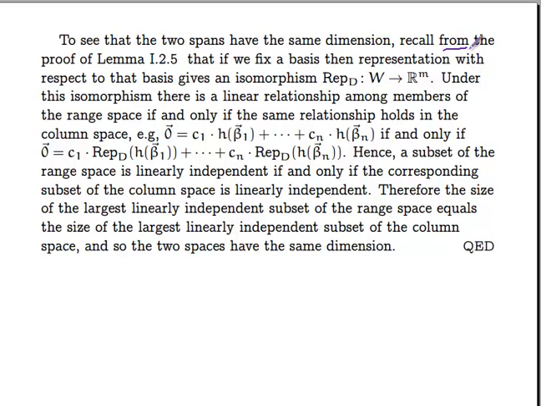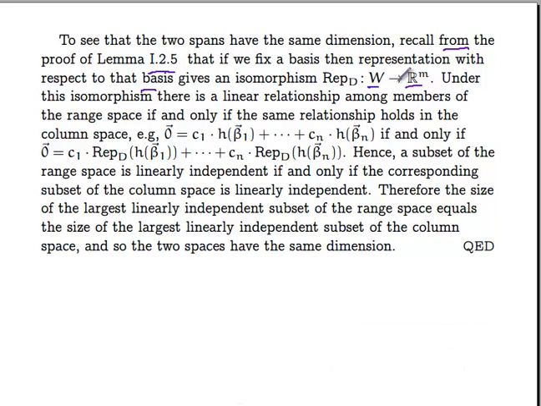From the proof of the lemma, if we fix a basis, then representation with respect to that basis gives an isomorphism. That's the standard way of finding an isomorphism between a vector space and Rm, where m is the dimension of the vector space. Under this isomorphism, there's a linear relationship among members of the range space if and only if the same relationship holds in the column space.